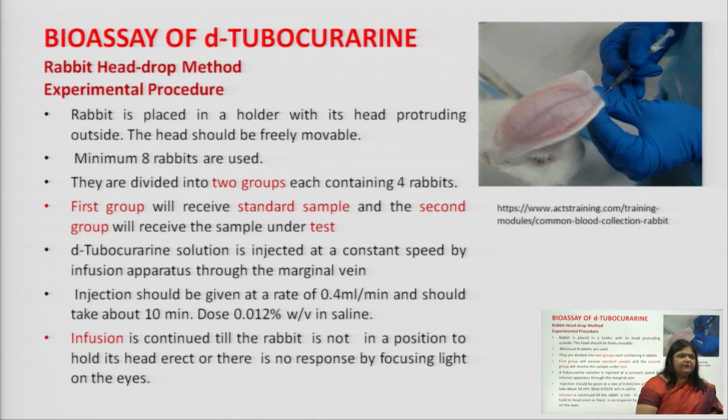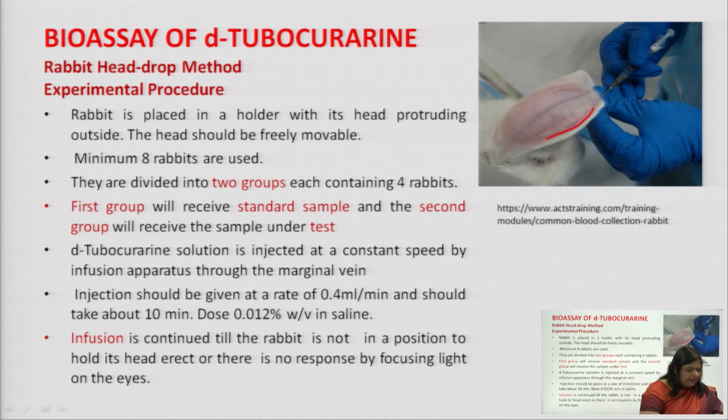Now see here, as we talked about the marginal vein, this is the marginal vein, this is the ear. You can see that it is so thin that all the veins are clearly visible. So we administer the drugs into this marginal vein, and whenever we withdraw blood also, we do it from this marginal vein only. Now what is the experimental procedure?